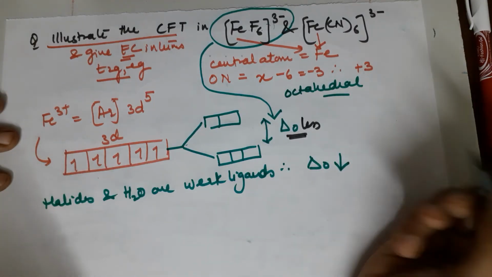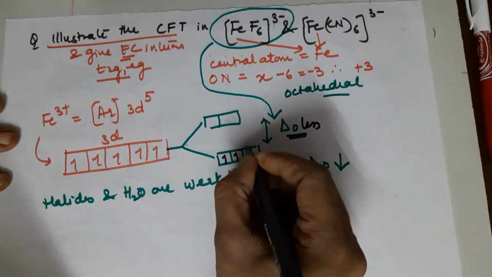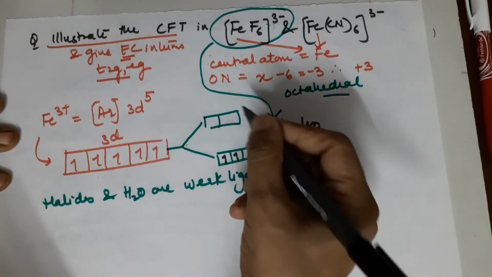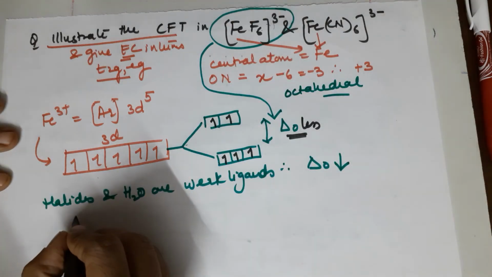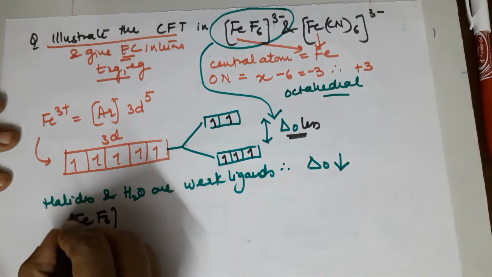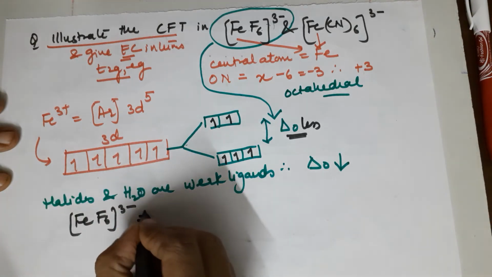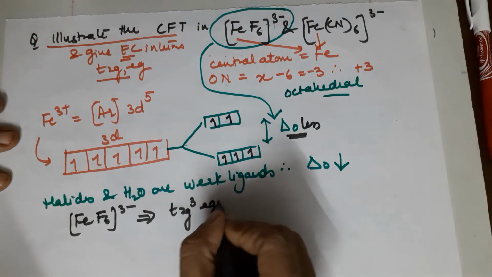For this complex it is less, so your 5 electrons are to be filled 1, 2, 3. Now the gap is less, so the electron can jump up, 4 and 5. So in the first complex, for your [FeF6]3-, the electronic configuration would be written as t2g3, eg2.